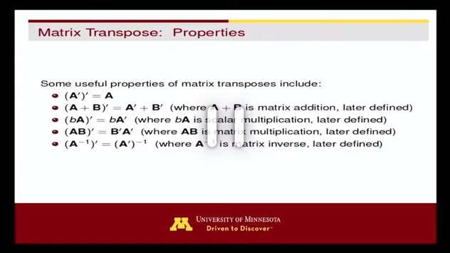The transpose of A multiplied by B, where A is a matrix and B is a matrix, is going to be B transpose A transpose, not A transpose B transpose. We also want to take note of that.